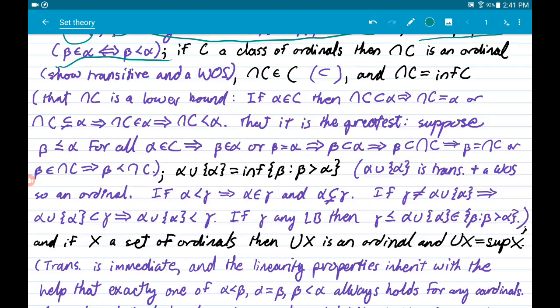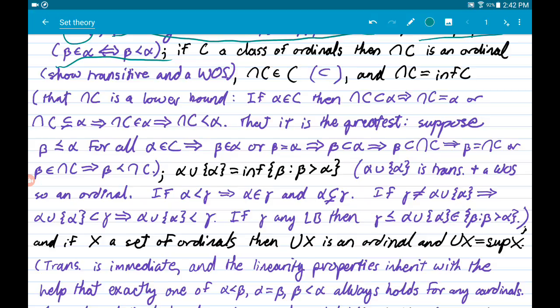Well, we know that certainly the intersection over the class is a subset of alpha, given that the intersection over the class is, so to speak, the least subset of the class. Not hard to show that if you pick alpha in C and therefore alpha a subset of C, that therefore the intersection over C is a subset of that.